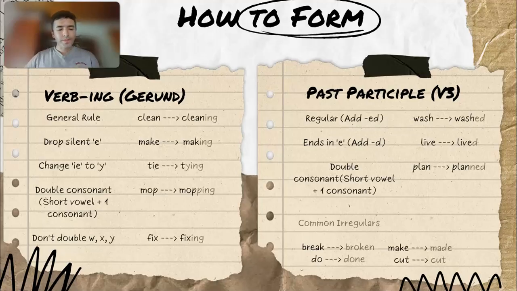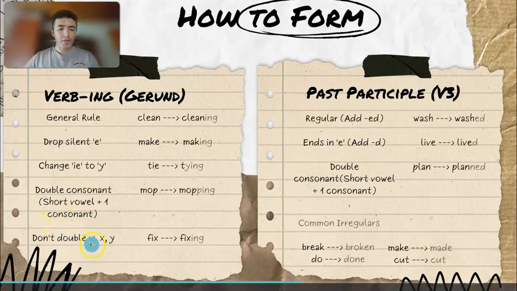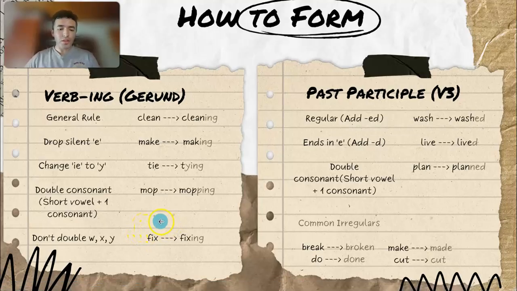Double the consonant: short vowel plus one consonant. In this case, we double the consonant according to the rule, okay? For example, mop, mopping. Now, don't double w, x, or y, because it is incorrect, okay? For example, fix, fixing.